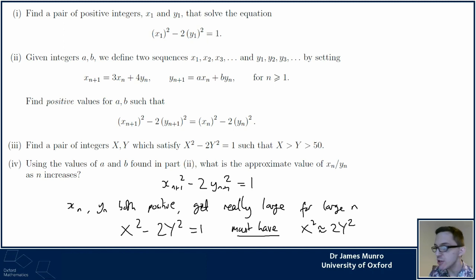These things are both huge and roughly equal if they're each massive, and the difference is only 1. If x squared is roughly equal to 2y squared, then I think x is roughly equal to, just do some algebra on this, root 2 y. So x over y is going to be about root 2, I think. Oh, they're both positive. Everything's positive for this.